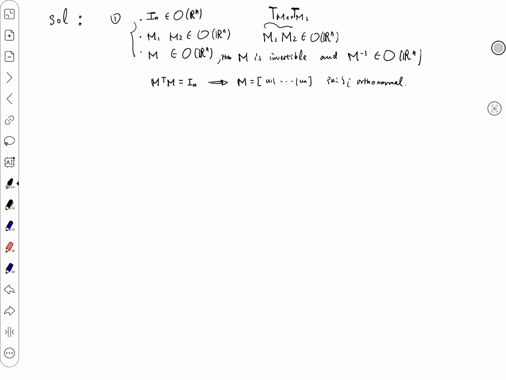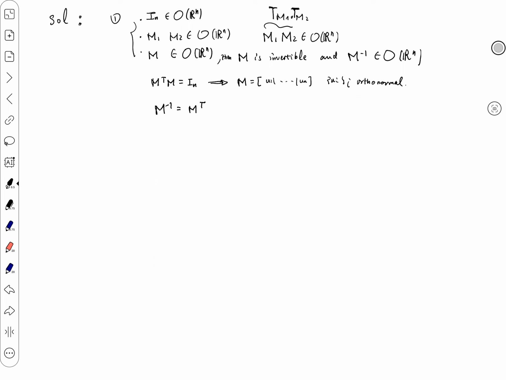In the square matrix case, this corresponds to a linear transformation over a vector space itself, a homomorphism over this vector space, which is injective, and that would imply it's surjective because it's a finite dimensional vector space, and invertible. Moreover, this M inverse would just be its transpose.